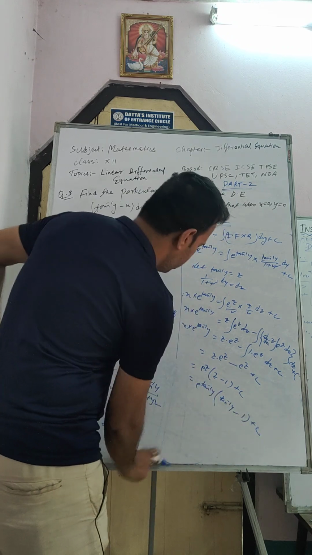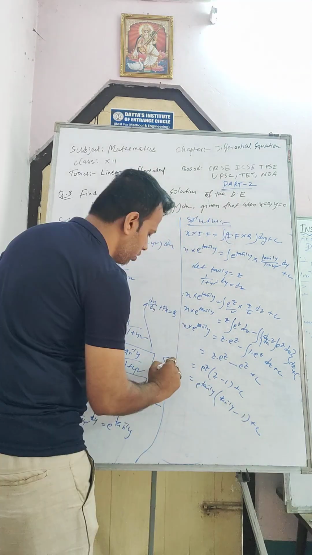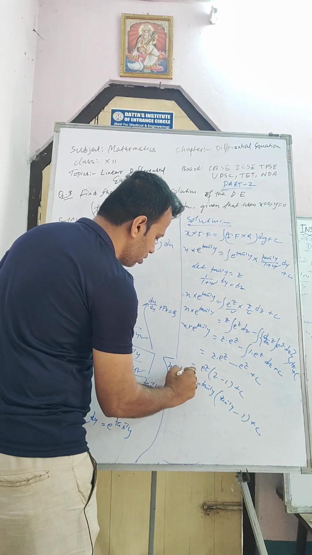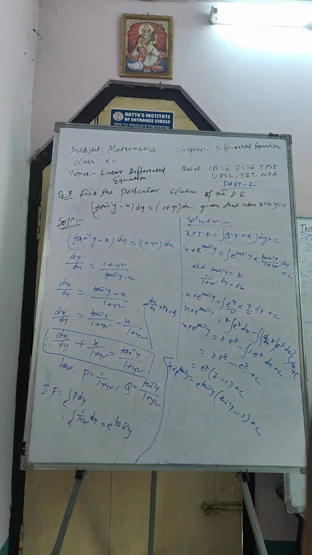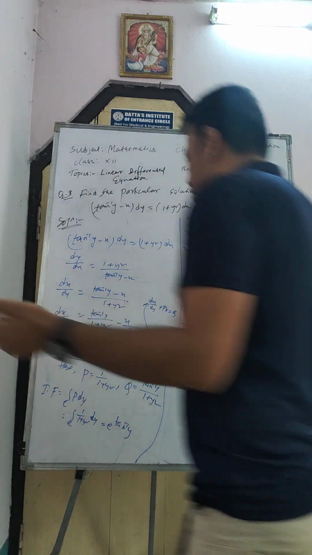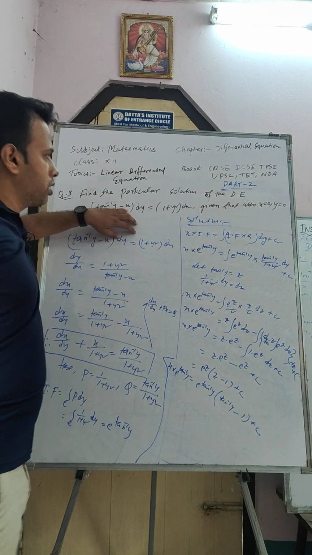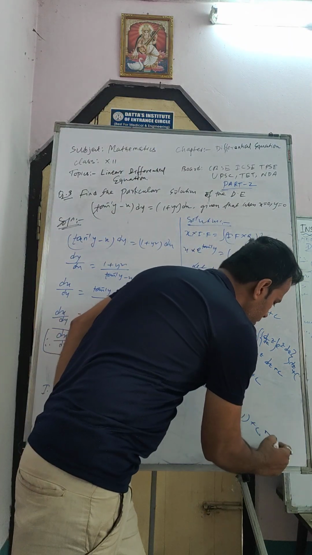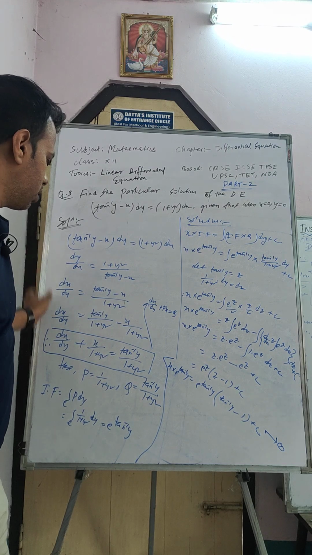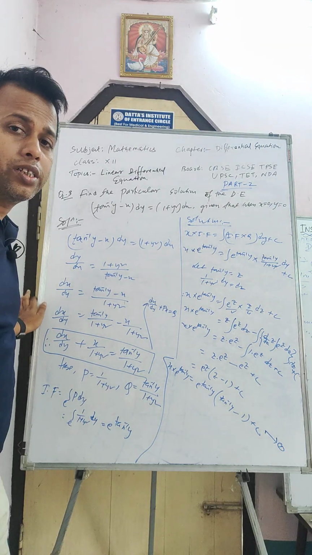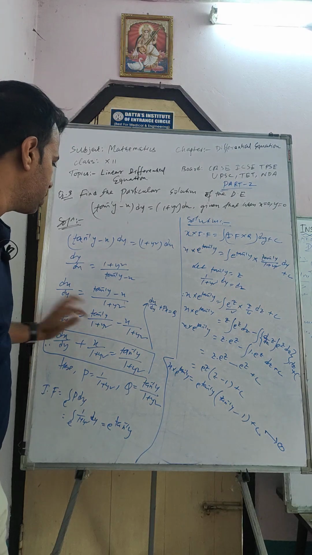So what is the answer? The solution of the differential equation is x into e to the power tan inverse y. So let me explain in 10 seconds again. So what is the equation? The equation is given like that here, and we got the differential equation in the form dx by dy plus px equal to q.